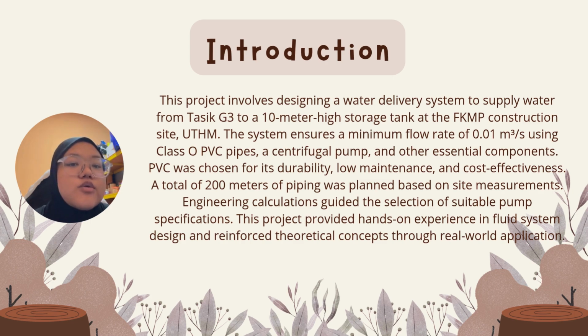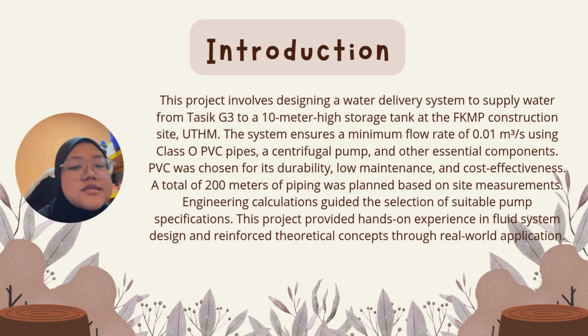We use Class O PVC pipes due to their corrosion resistance, affordability, and ease of installation, making them ideal for outdoor construction environments. The total pipe length required was approximately 200 meters, considering both horizontal and vertical distance.